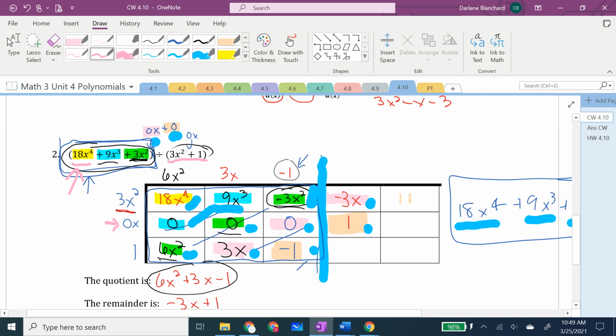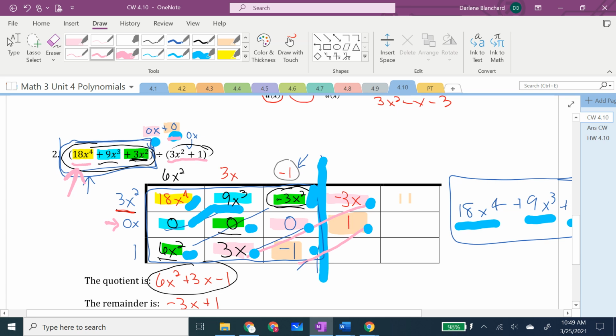The fact that I didn't have a 0x or a constant term for this polynomial I'm dividing didn't mean that I didn't need to look at that. That meant I still had to account for it, and I had to make sure to add to it to create 0 for both of those.